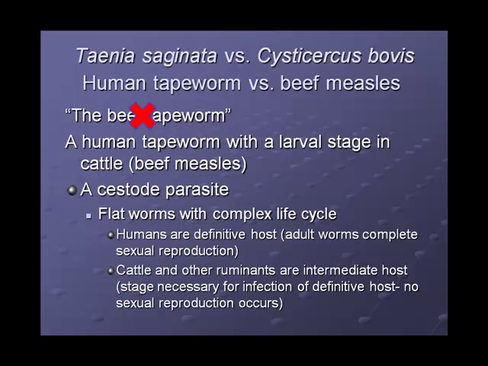But you have to have an intermediate host to permit normal transmission from human through the intermediate host and back to another human. Basically, you have to have an intermediate step where another animal serves as a host, but no sexual reproduction takes place. In this particular case, cattle, and to a much, much lesser extent, other ruminants, serve as that intermediate host.